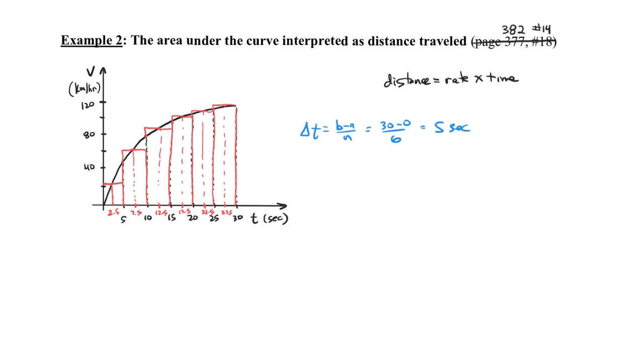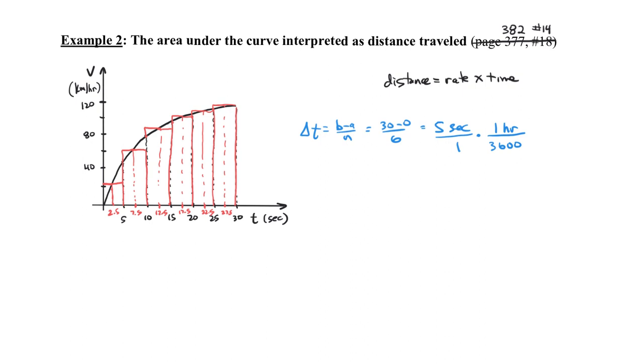Now we've already got an issue because this time is in seconds and this time is in hours. So let's change seconds into hours, because when we multiply these together we have to have the same unit. If we take 5 seconds, and realize that 1 hour is 60 minutes and 1 minute is 60 seconds, that means in 1 hour we have 3,600 seconds.